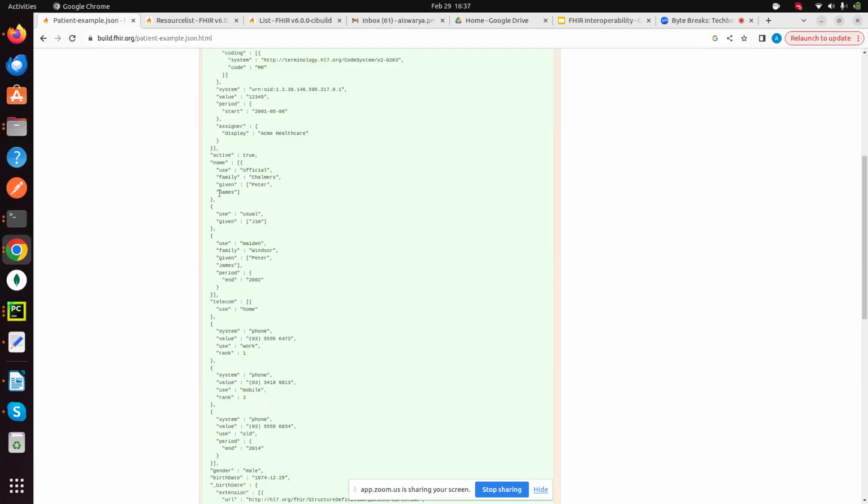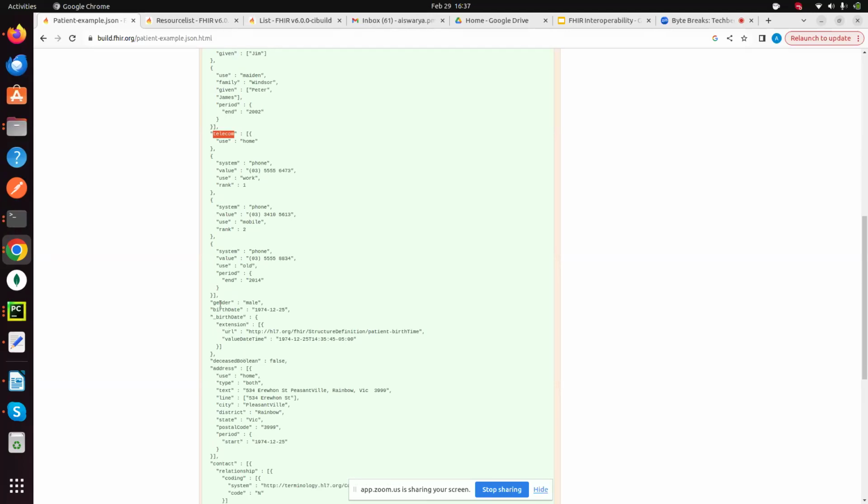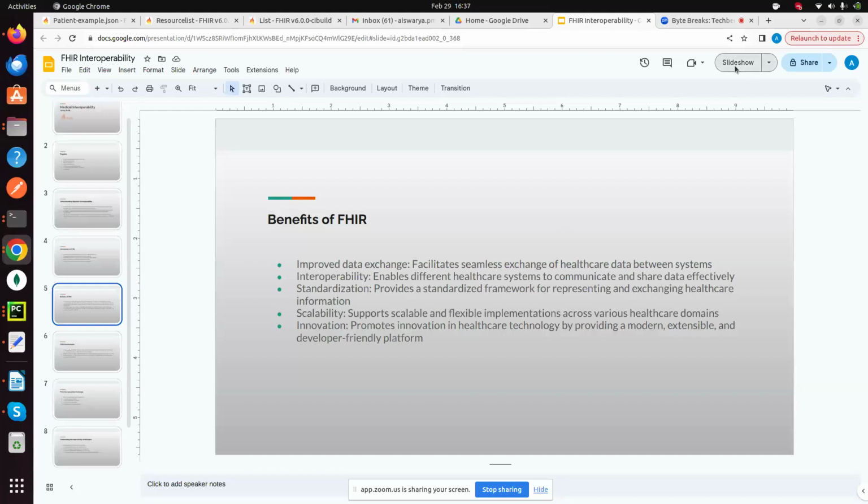So the name of the patient, the telecommunication of the patient, phone numbers, etc., the address of the patient, what gender the patient is, the birth date, all this kind of information would be in the patient type of resource. Similarly, there are multiple kinds of resources that are available in Fire.